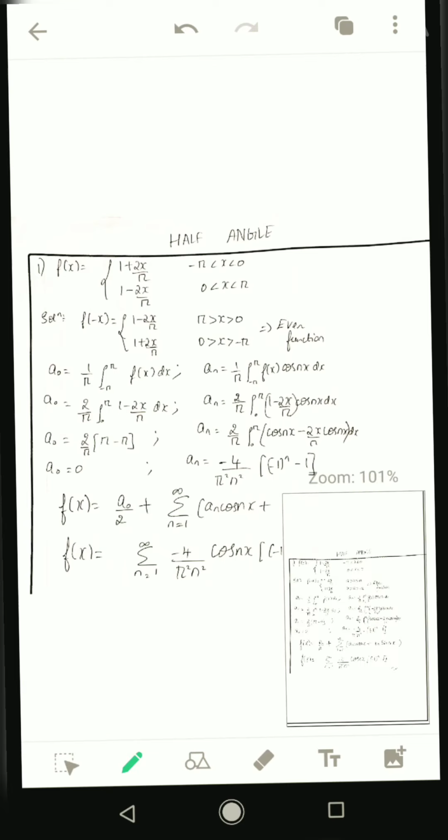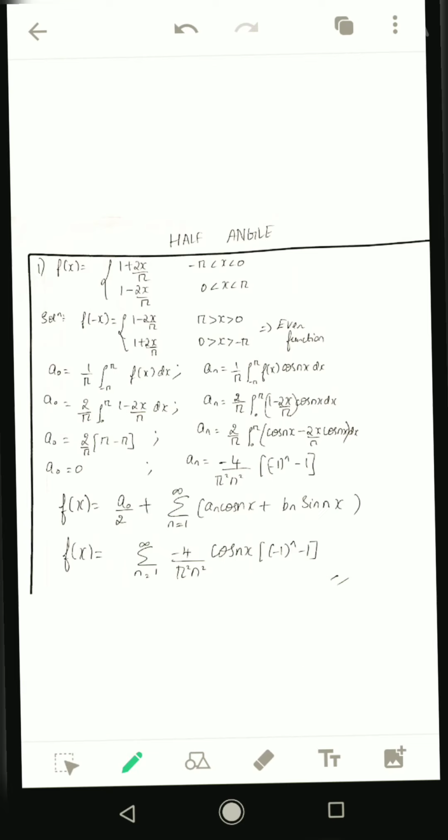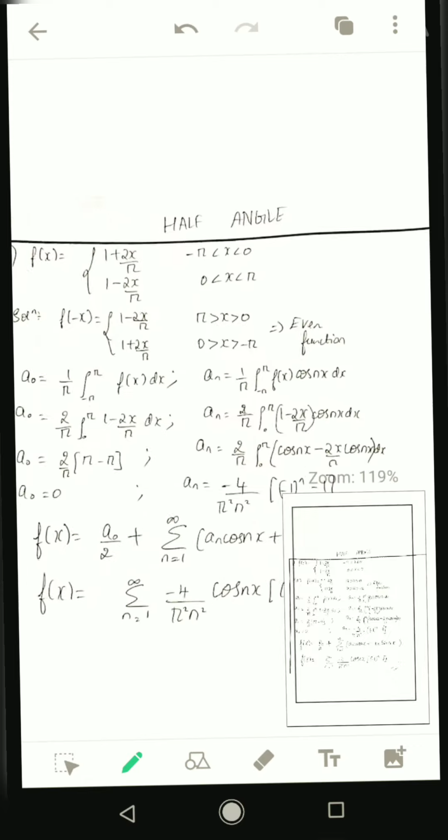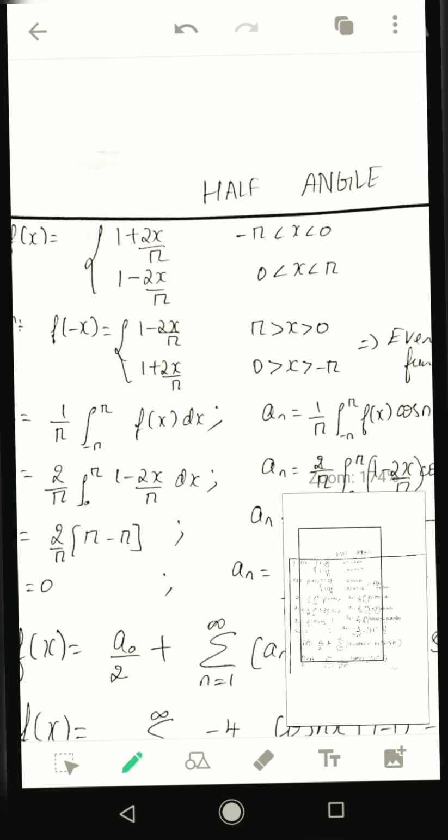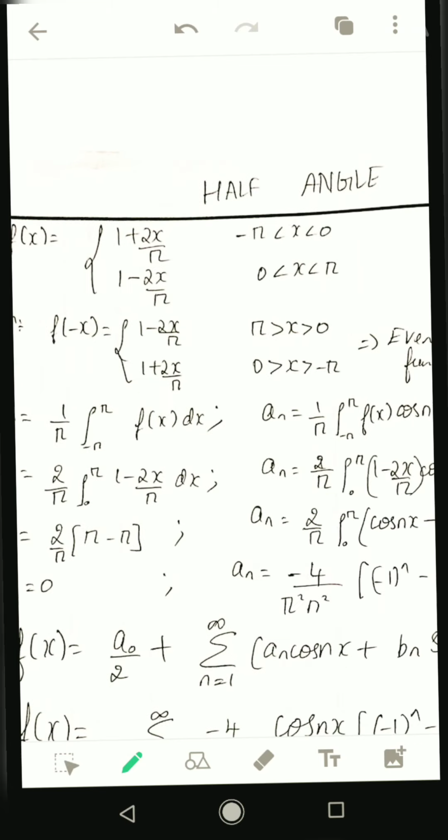So when you're given a question like this, how will you solve it? Here you can check whether the function is even by checking it the same way, that is f of minus x equals whatever you get. So in this case, you're getting f of minus x equals 1 minus 2x by pi.